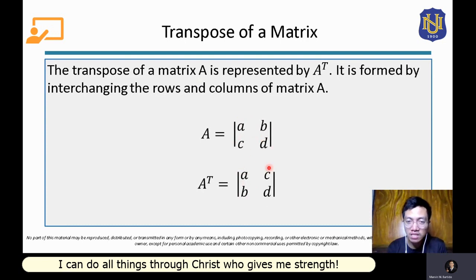And this row CD will be a column here in our transpose. So this will be the transpose of matrix A. So again, we just interchange the rows and columns. The rows here in matrix A will be the columns in the transpose. So that's how you get the transpose of a matrix.